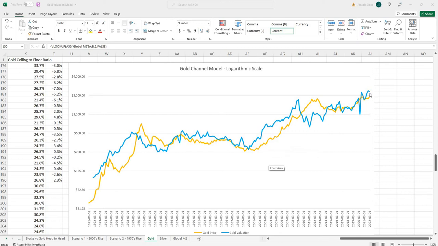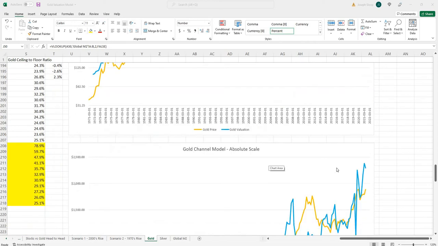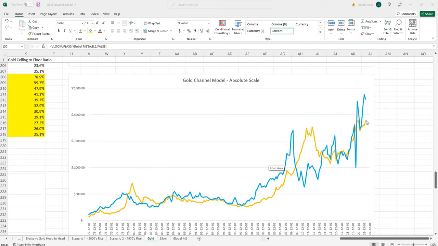So what about gold today? Well, the good news is that gold is underpriced compared to where it should be. That much is true. Where gold's price should be is about $2,300 an ounce.